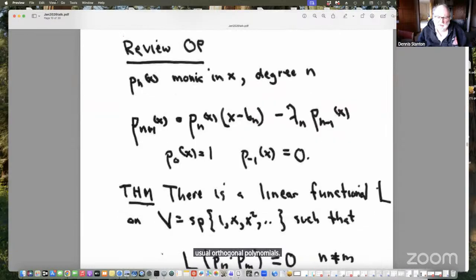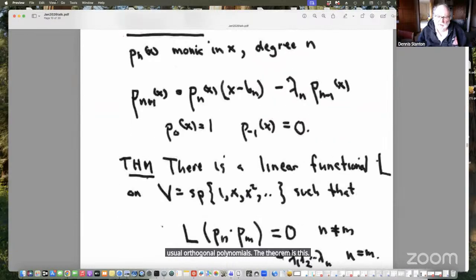The theorem is this. There is some linear functional on the vector space of polynomials such that the linear functional applied to the product of the p's is 0 for different degrees, and it's non-zero. It's a product of the lambdas if they're equal.